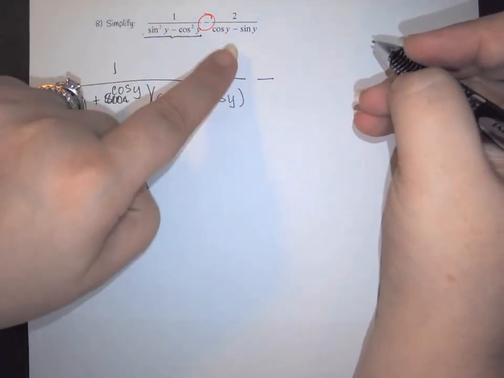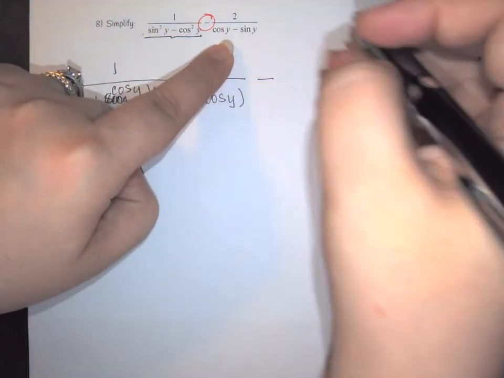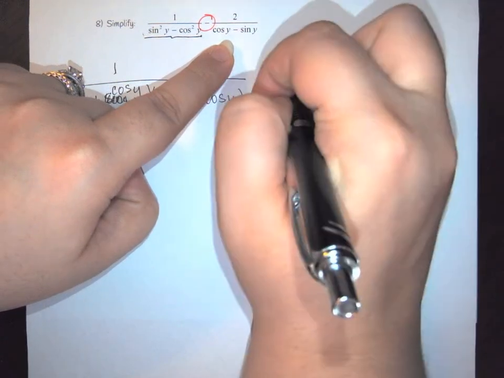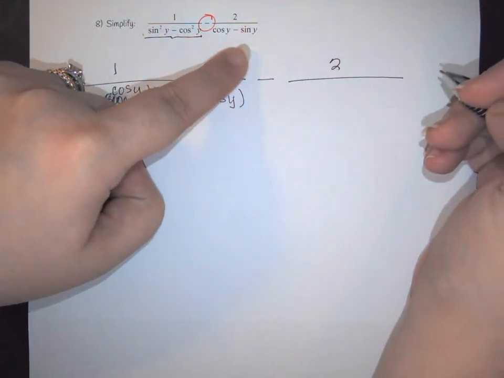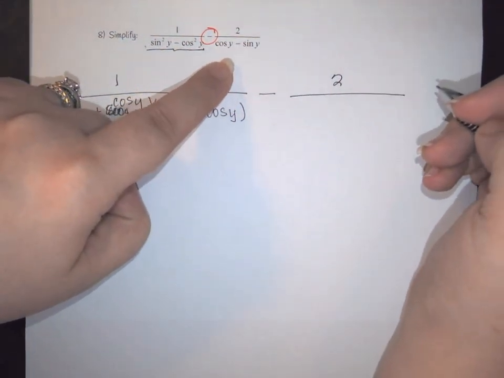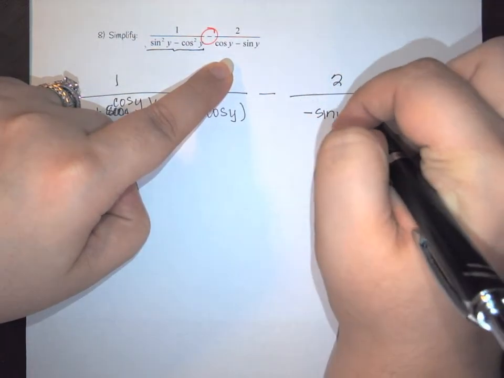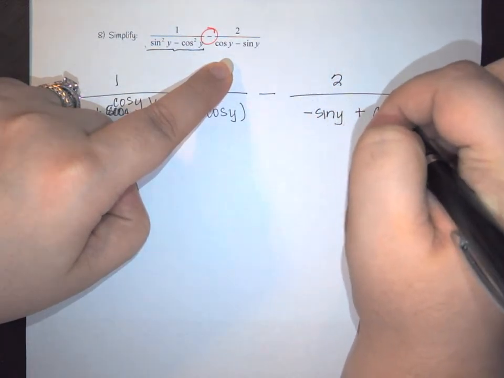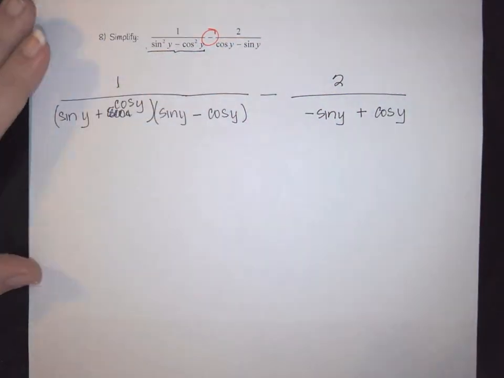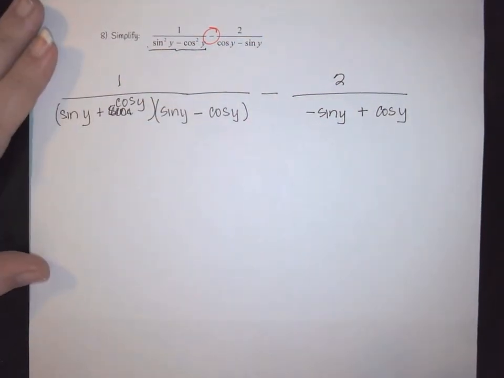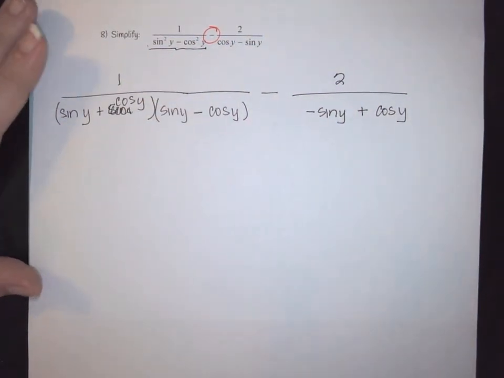And over on this other side, I have 2 over, and I'm going to rewrite these so that my sine is first. So this is going to be negative sine of y plus the cosine of y.